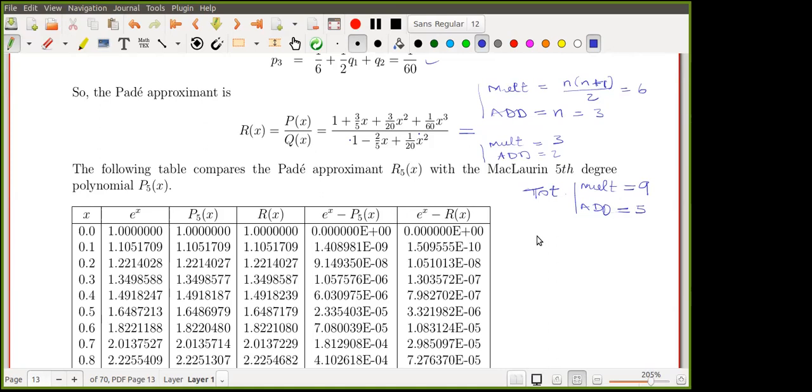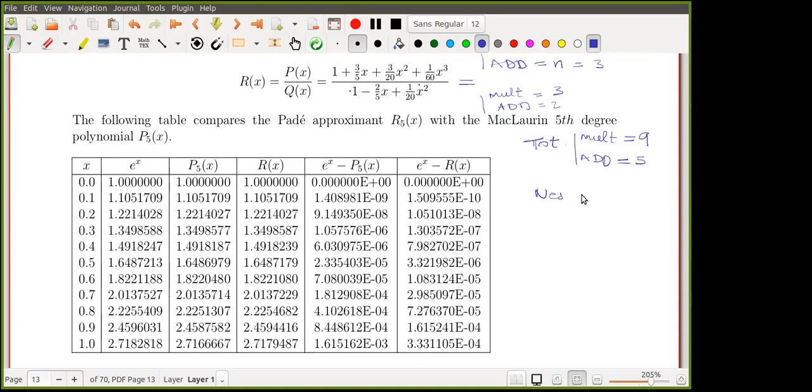So if you use the nested form in the numerator and the nested form in the denominator, the total number of multiplications will be 3 plus 2, equal to 5, and additions will be the same, 3 plus 2.